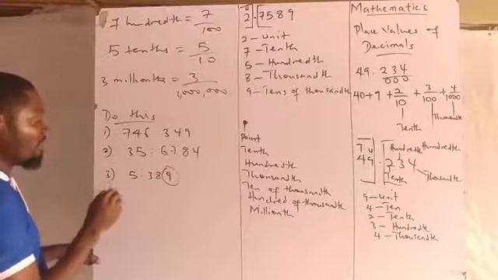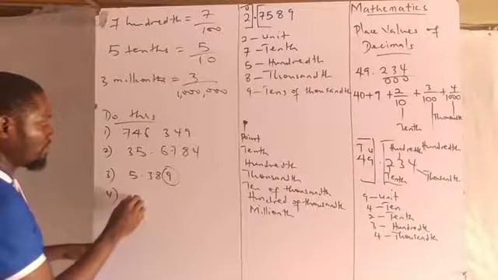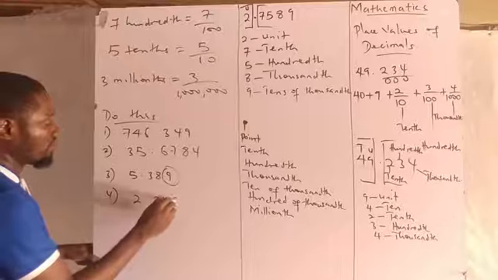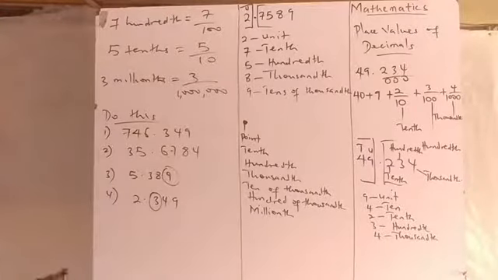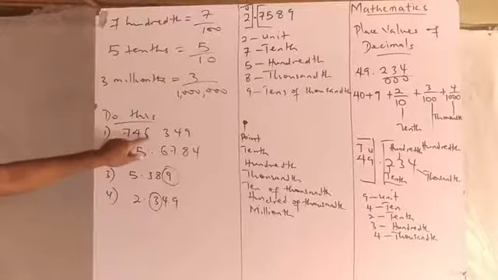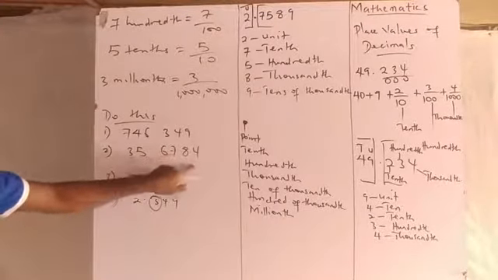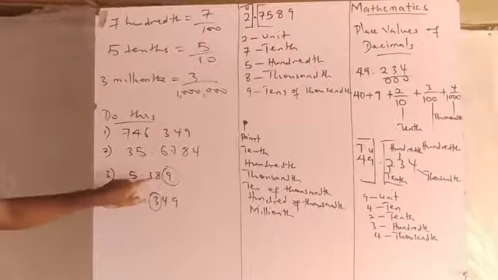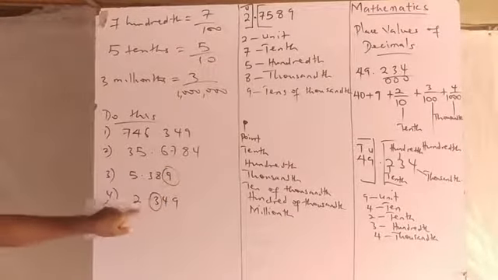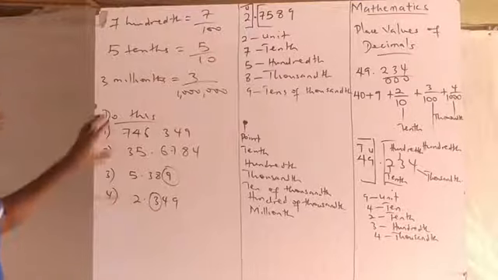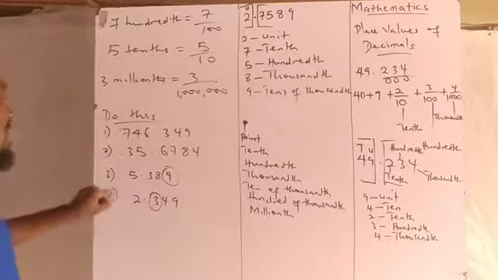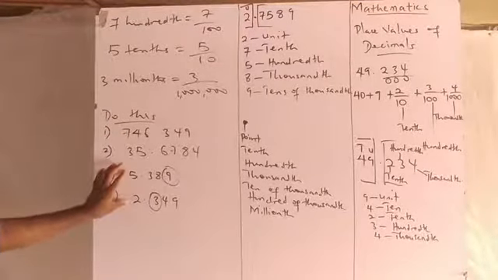The first number is 746.349. Second number, 35.6784. Third number, 5.3899, the second digit. And 2.3493, the second digit. So write out the place values of all these digits, and write out the place values of the second digits alone.